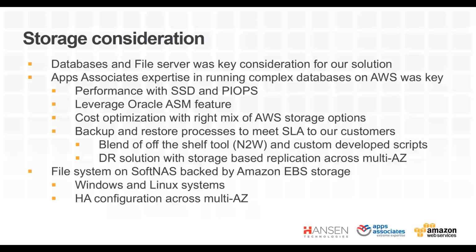And we're making sure that we have the appropriate backend and storage processes to meet our SLAs to our clients. And that includes replicating our database package from one AZ to the other and ensuring that we have the appropriate processes in place for recovery. And then finally, as I mentioned before, our file systems are on SoftNAS backed by Amazon's EBS storage. That's for Windows and Linux systems, and that does span the multiple AZs.